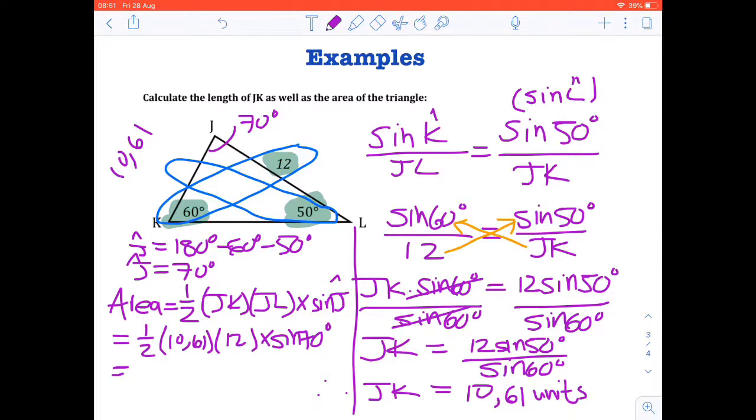And if you put that onto your calculator, you will get 59.82 units squared. And that's your answer.